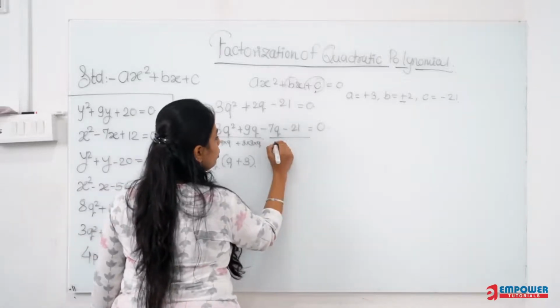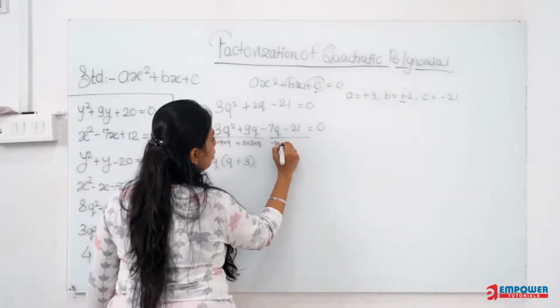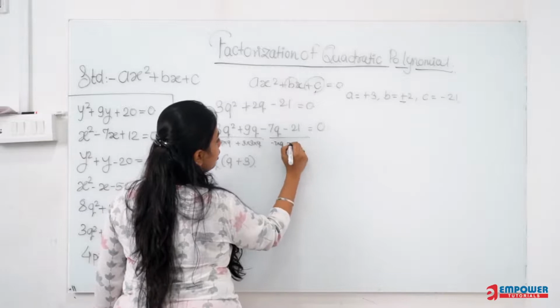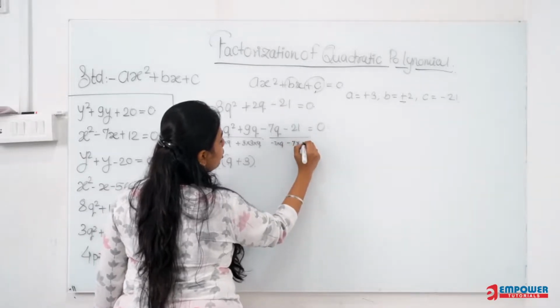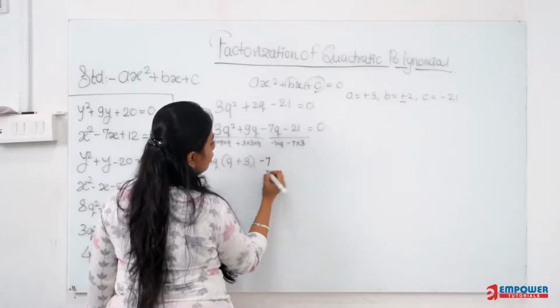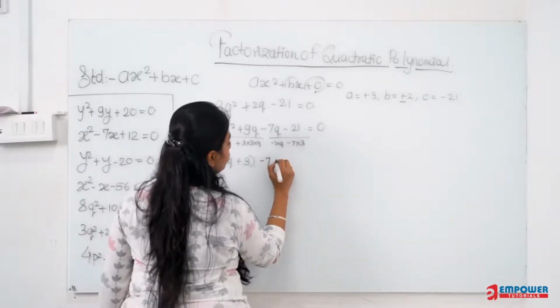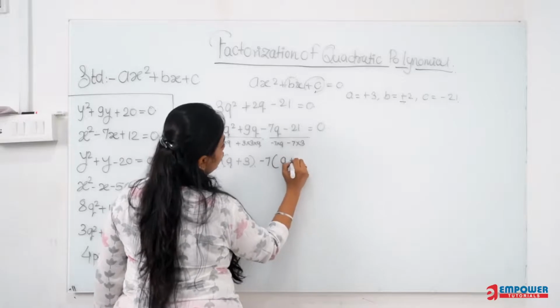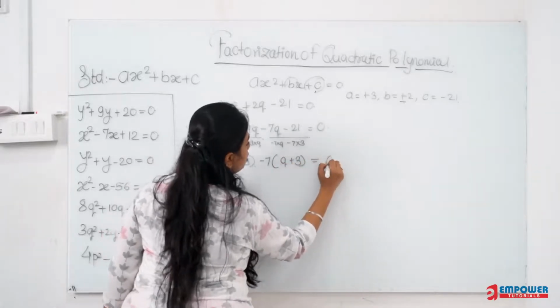In the other two terms you have minus 7 into q and minus 7 into 3, so I will take minus 7 as the common factor between these two, and in the bracket I will have q plus 3. So this will be equal to 0.